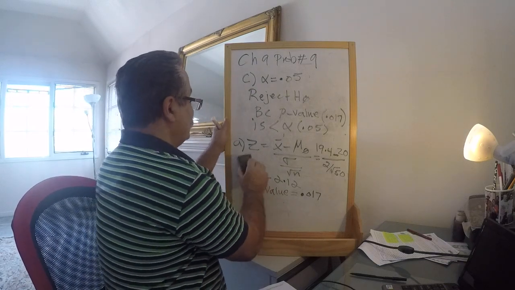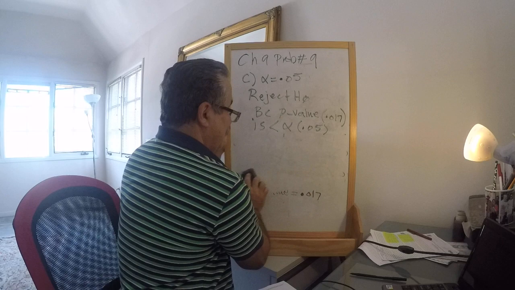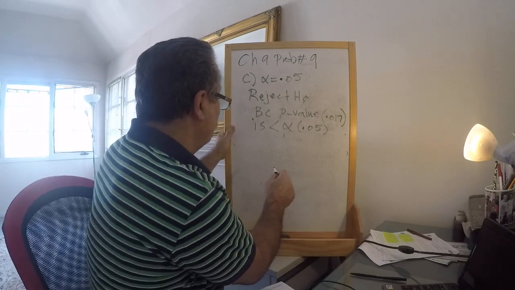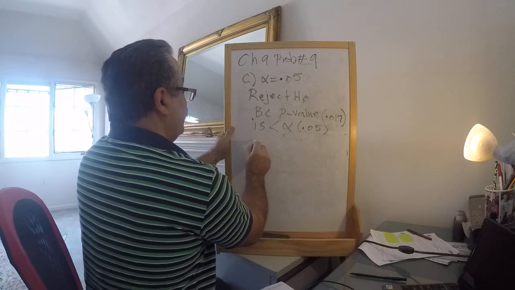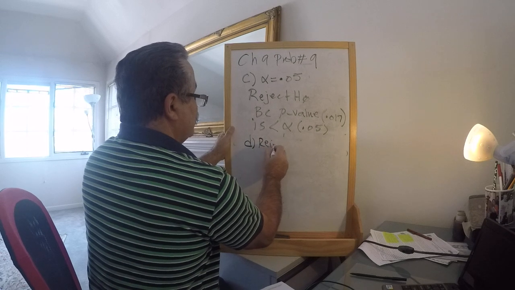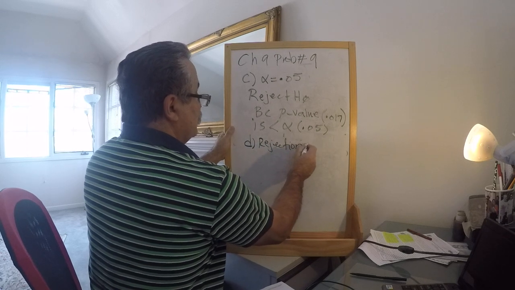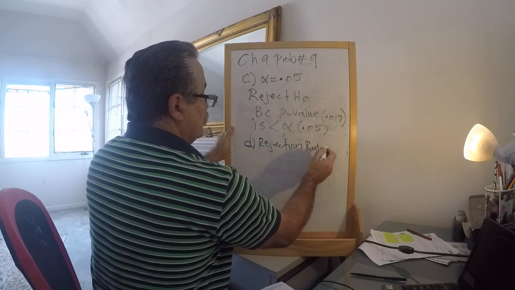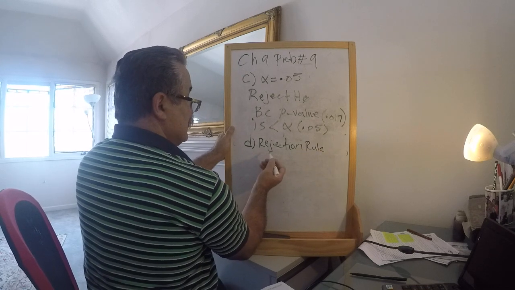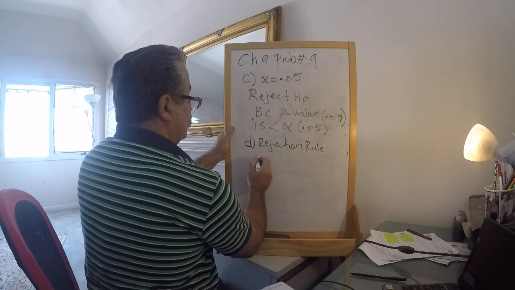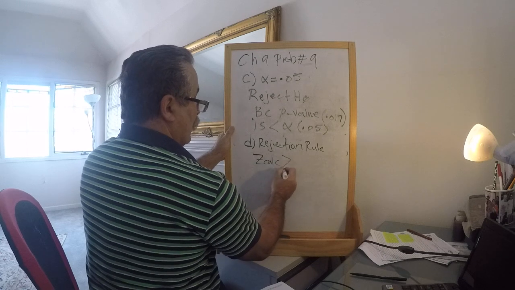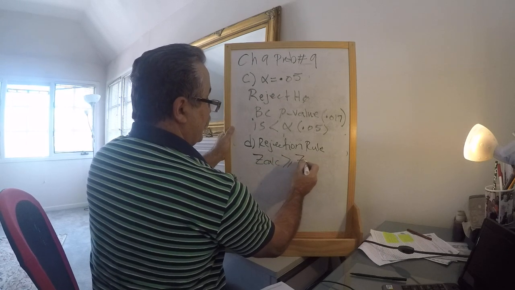So now for part D, the rejection rule for critical value is reject if z-calc is greater than or equal to z of the alpha.